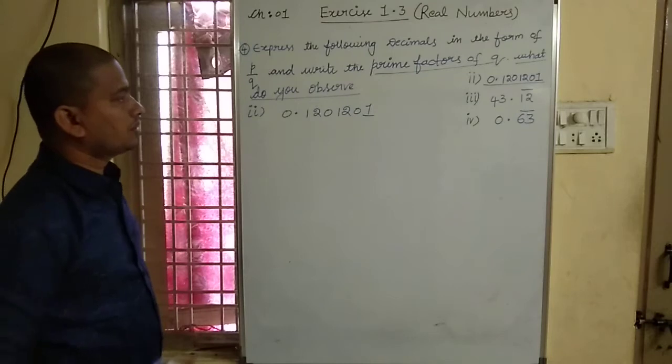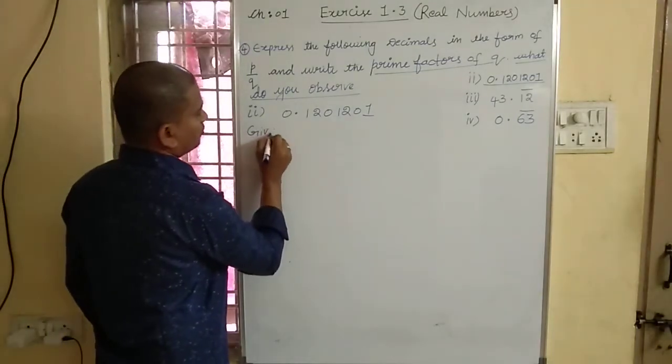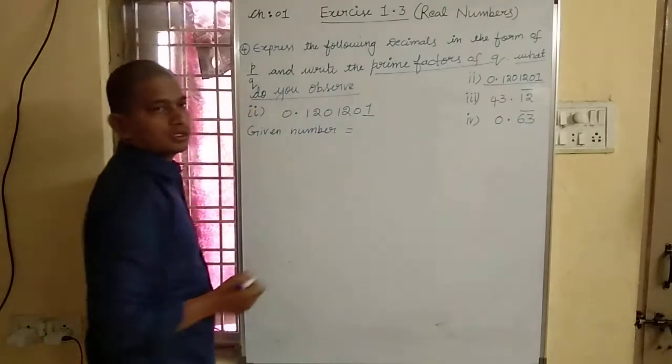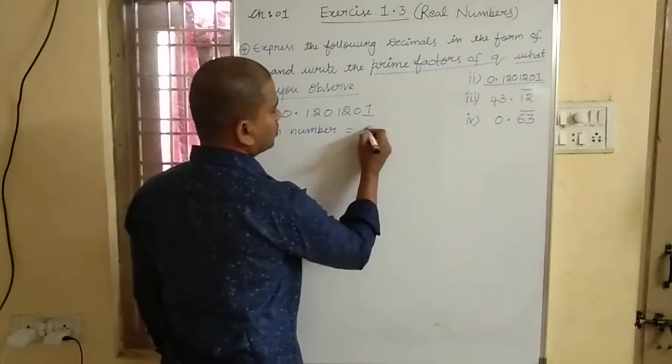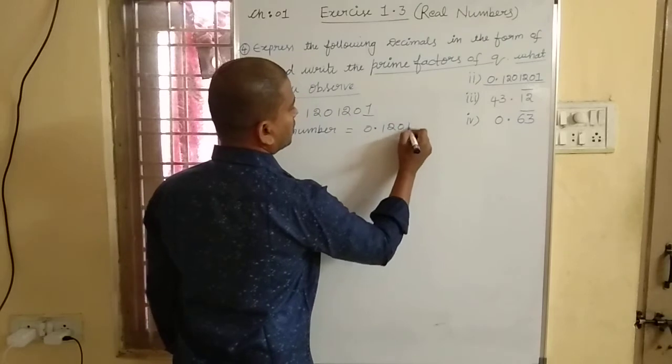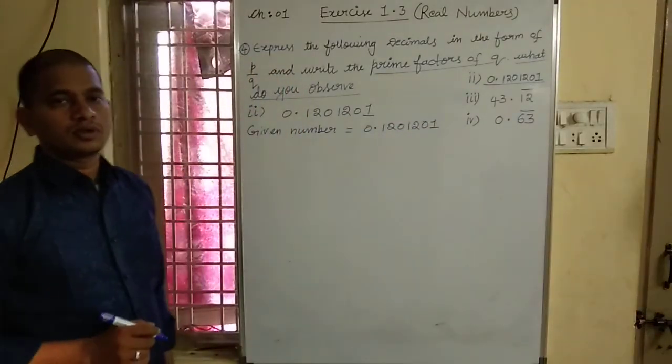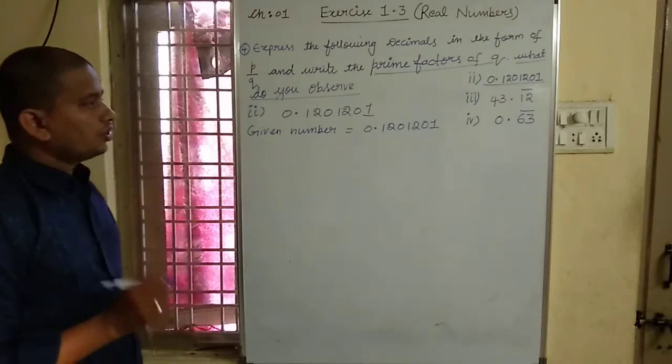So what is the given number? The given number is equal to 0.120120. Okay, so what to do?